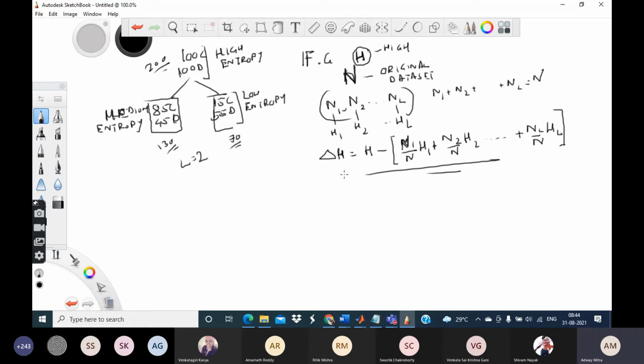Now, if it is asked that I want to do a classification, on the basis of which feature will I do the classification? That is, which feature will I call the most discriminative feature?